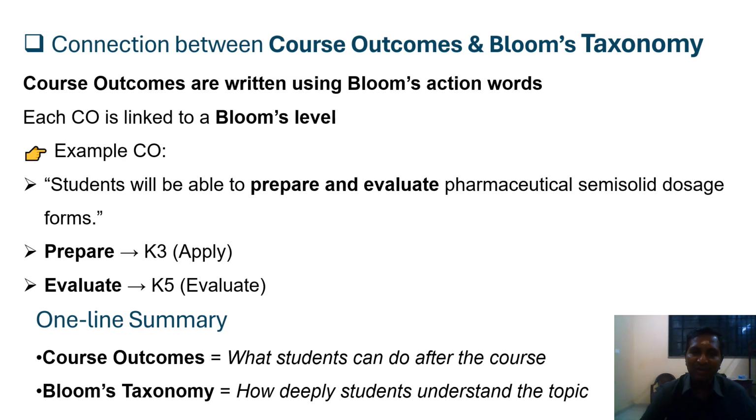The word evaluate corresponds to K5 level, which represents evaluate. So, Bloom's taxonomy helps teachers write clear and measurable course outcomes. In simple terms, course outcomes describe what students will be able to do after the course, while Bloom's taxonomy explains how deeply they understand the topic.